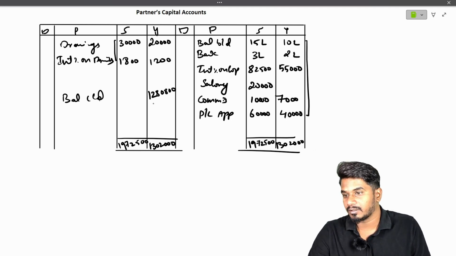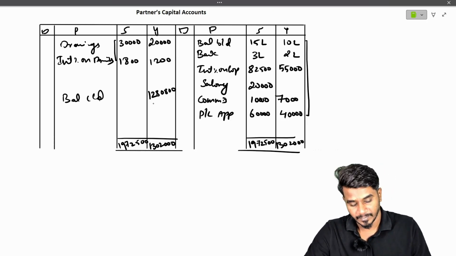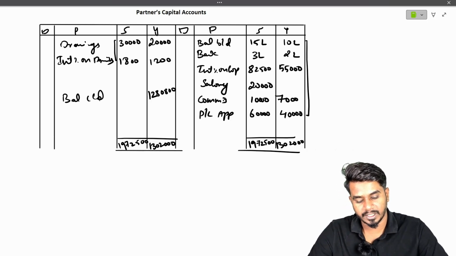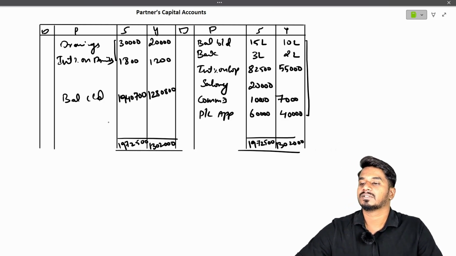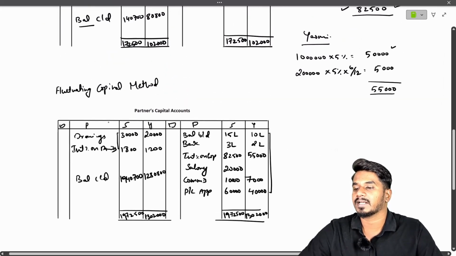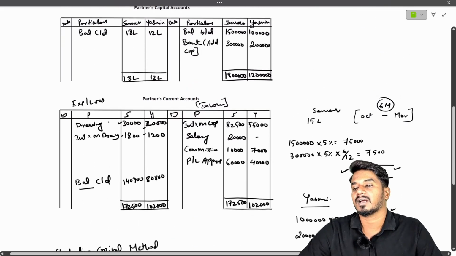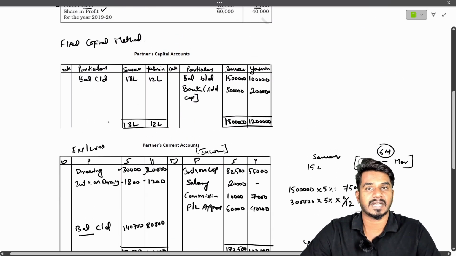Next, out of Samir's 19 lakh 72,500, if you minus drawings and interest on drawings, 30,000 and 1,800, you'll get 19 lakh 40,700. So that's it. This is how you will prepare the partners capital account under the fluctuating capital method, and partners capital and current accounts in the fixed capital method.